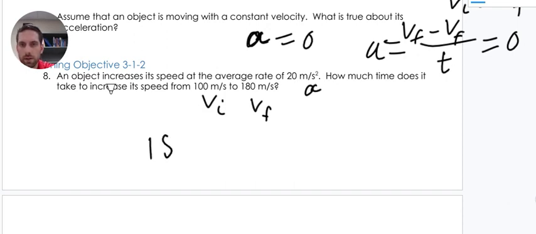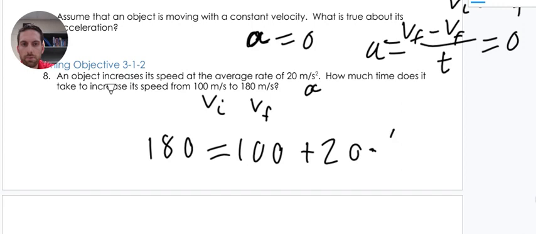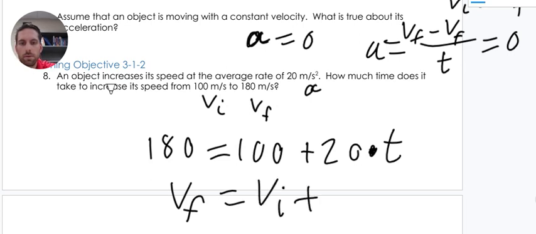So 180 equals 100 plus 20 times time, because I know that, this is a time symbol, that I got to use this equation based on the information given us.